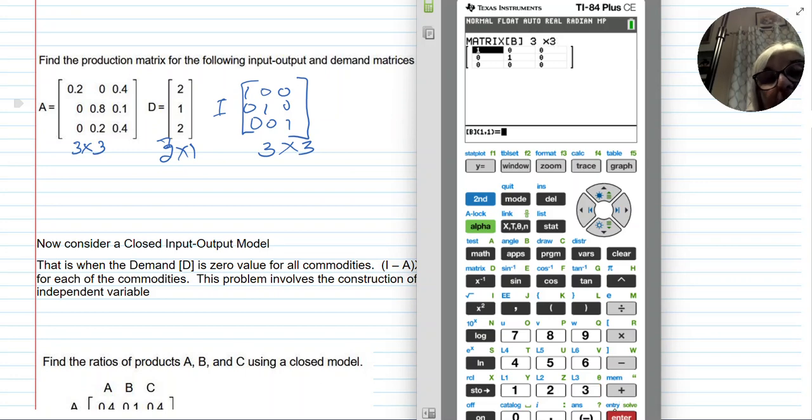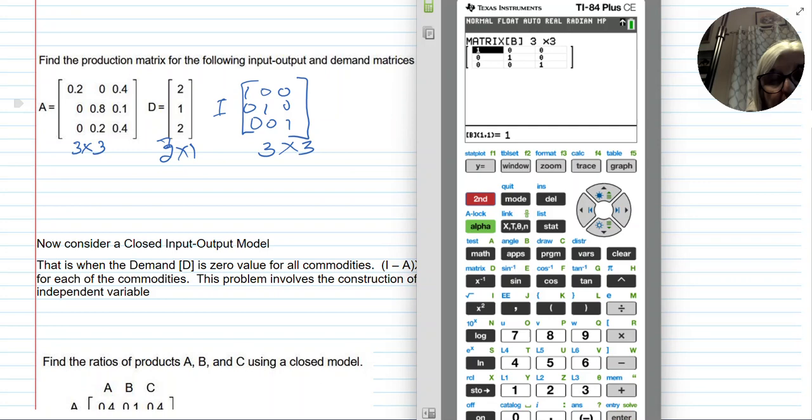So 1, 0, 0, 0, 1, 0, 0, 0, hit enter, and 1. All right. Now notice I've got the cascade of 1s, so I'm good.